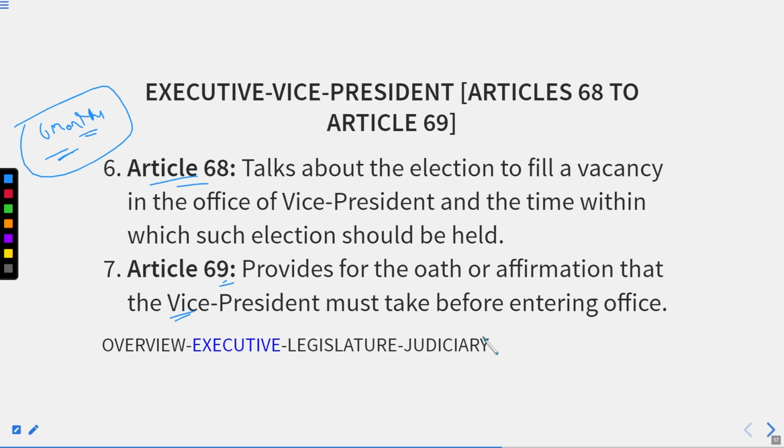Okay, and it has been administered by whom? President. All right. 68 is for the vacancy of the vice president office. 69 for the oath or affirmation.